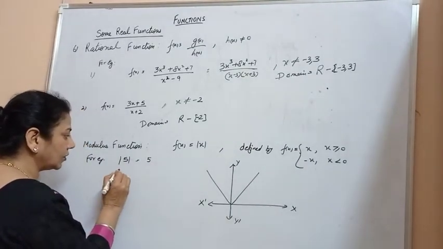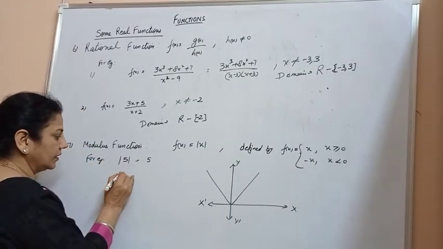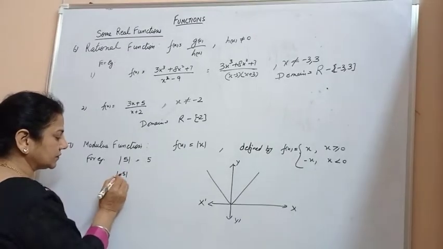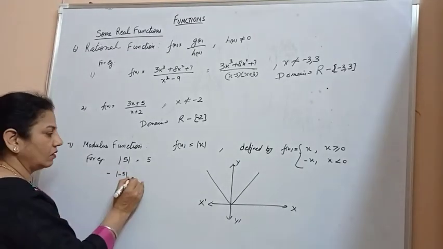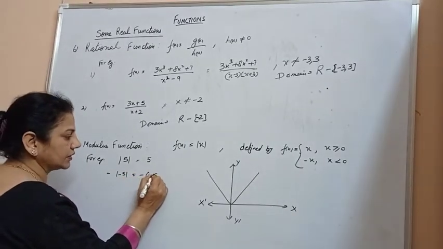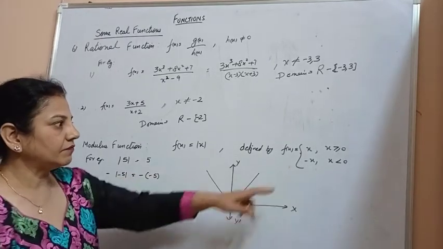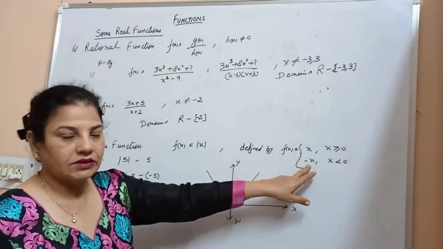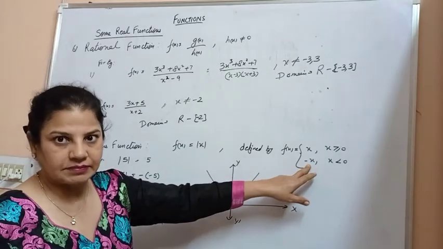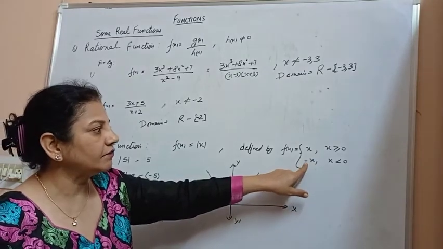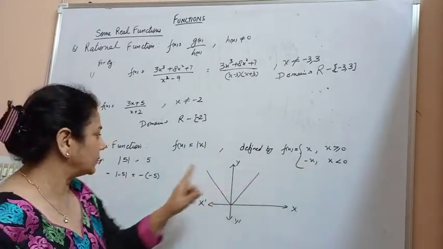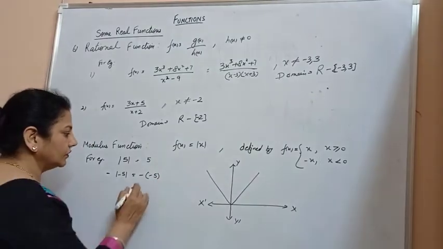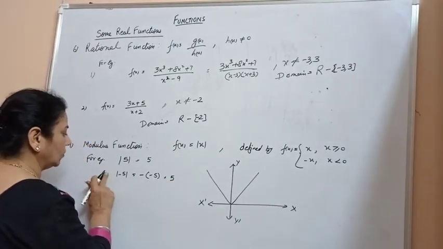But if x is minus 5, I have minus outside, minus of minus 5, because our function is minus x. So if I take x as minus 5, I will get 5, which again gives me the positive value.